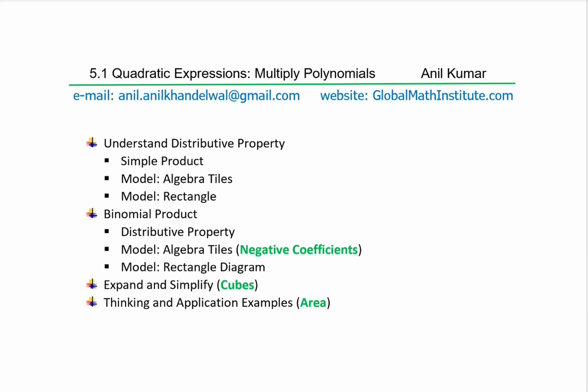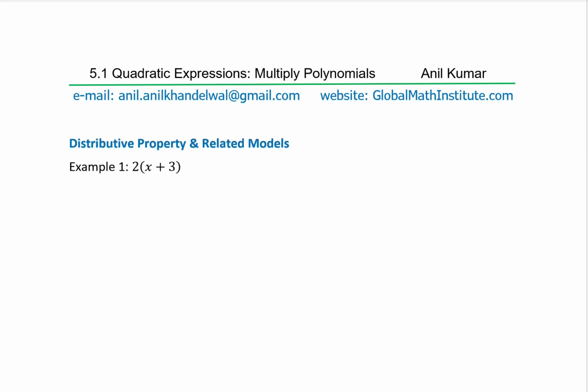Now let's look into the very first slide, which talks about distributive property and related methods. So before even multiplying the polynomials, let's understand the underlying property, which is called the distributive property. The example here is we need to multiply 2 into the polynomial x plus 3. Now this 2 will be multiplied by both x and 3, and then its sum will be written.